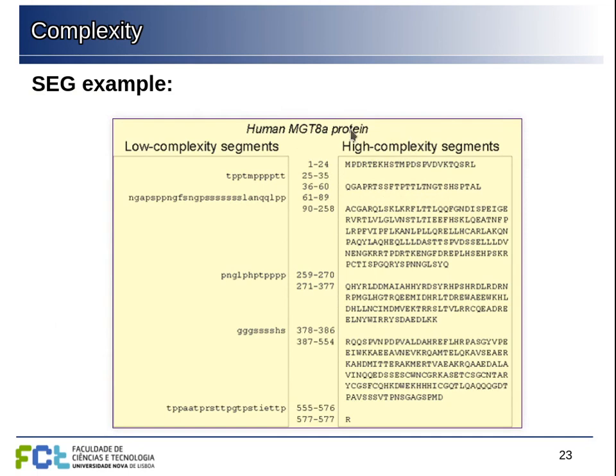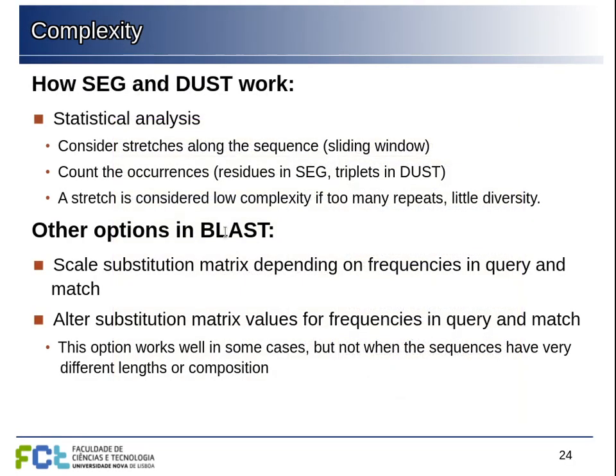For example, for this protein, high complexity regions are those where we have a large diversity of amino acid residues. Low complexity regions have fewer types of residues and lots of repetitions of the same residue. So the way these programs basically work is to consider a sliding window along the sequence and measure the occurrences of different residues.